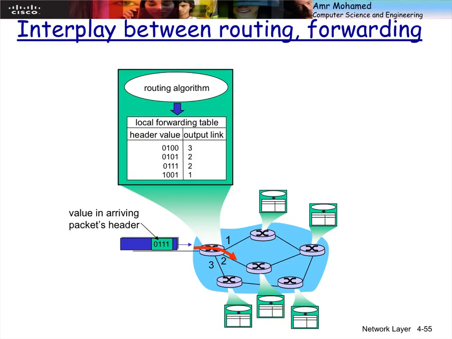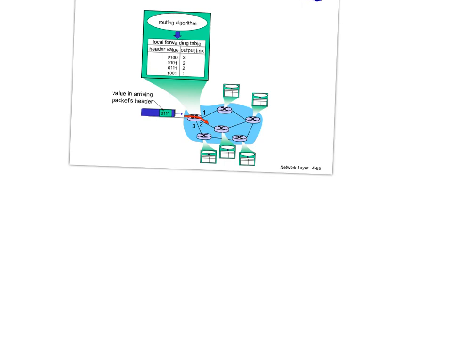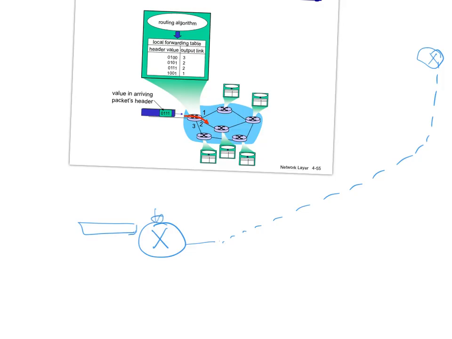Okay? So when the router receives a packet, there is a planning that needs to happen that says that this packet should go through this path until it reaches the final destination. But what does this router do exactly at this point? It performs packet forwarding. It says, in order for this packet to go to this ultimate destination, I need to send it to this output port and not this output port.